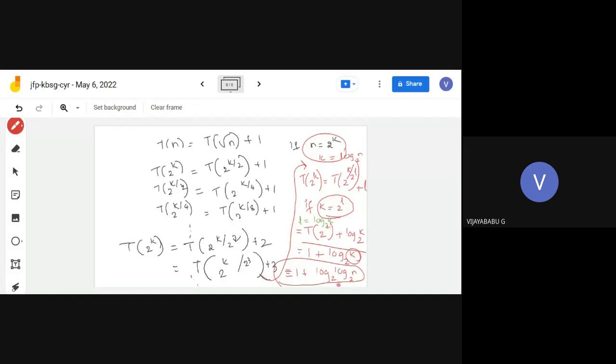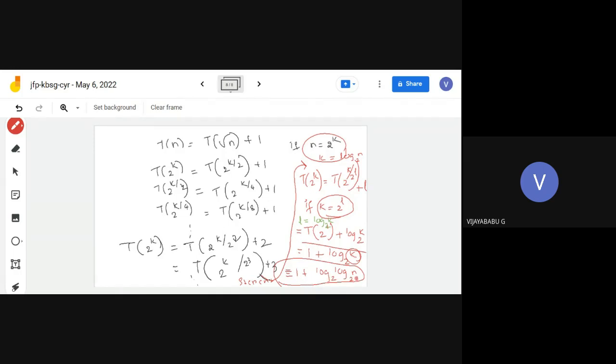And coming to the next level, finally we solve the problem k is equal to log n to the base 2. Here k is log n to the base 2. Now the step count, we can also mention this one as a step count also: 1 plus log of log n, right?